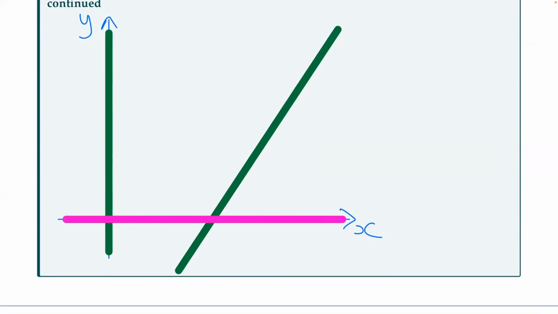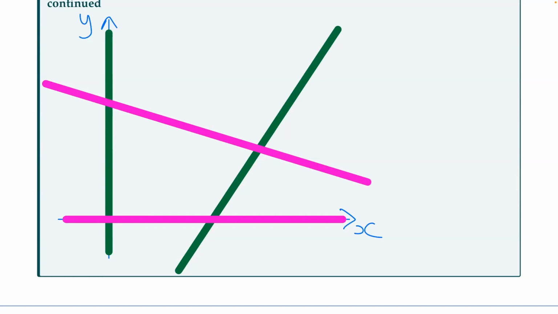Y has a null line, shown in pink, when y is equal to 0, or when y is equal to 1 minus x over 2. Note that I'm only drawing these things in the positive quadrant, the first quadrant here. I don't need to look at values for x and y being negative because I'm interested in population sizes here, and we can't have negative population sizes. So you don't need to worry about these other quadrants.